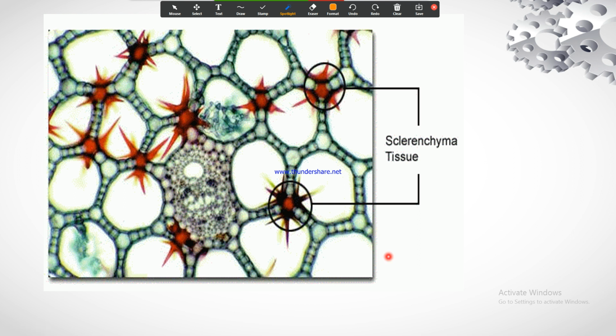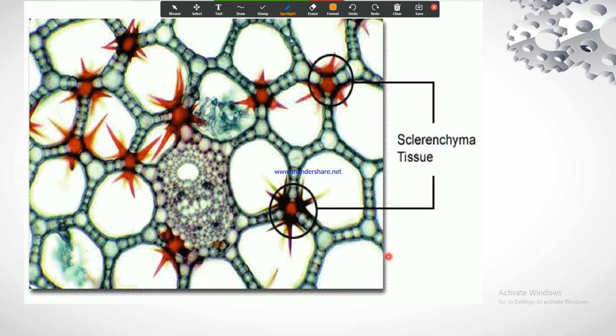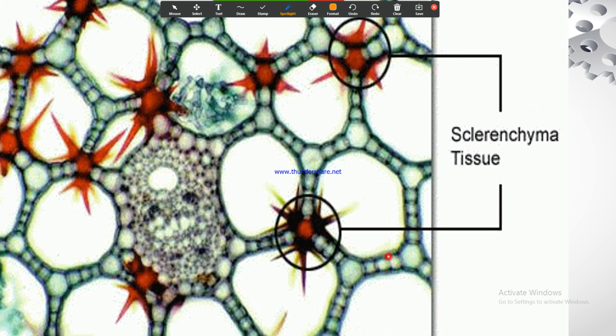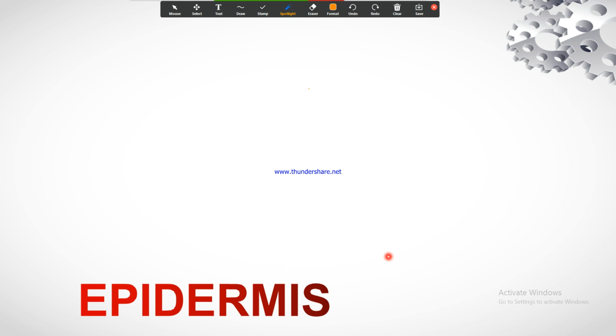Another type of permanent tissue that we should study is the epidermis. Before starting, let me ask one question. Which organ of your body covers the entire body?